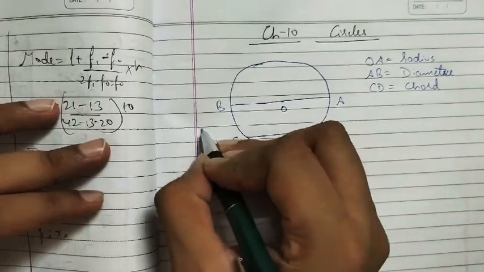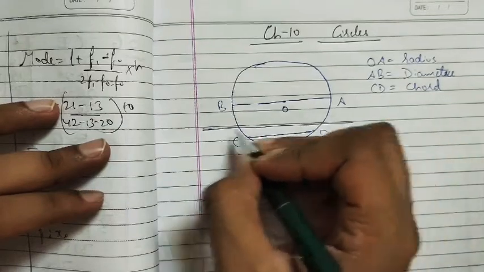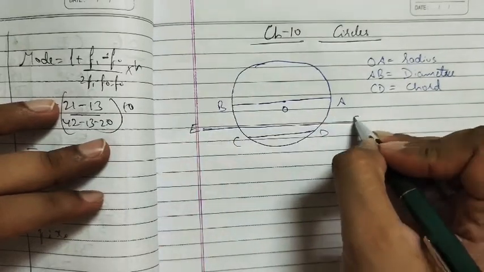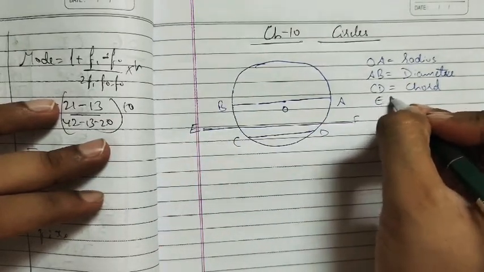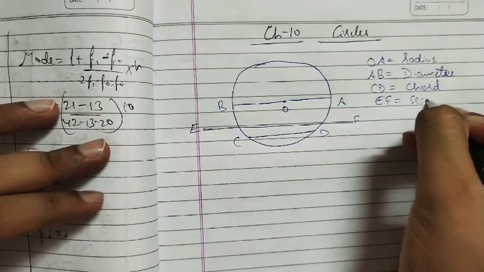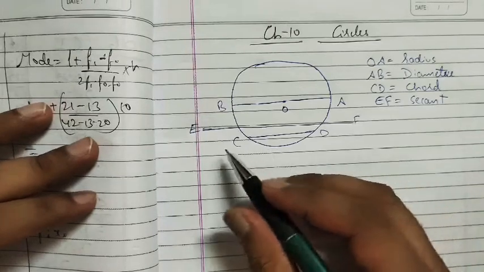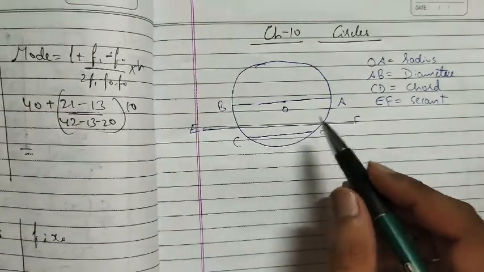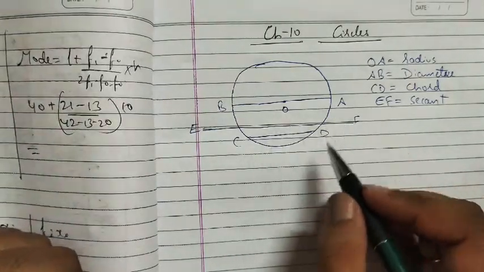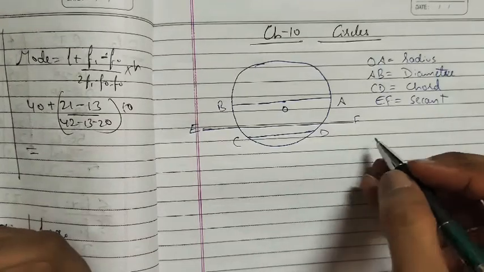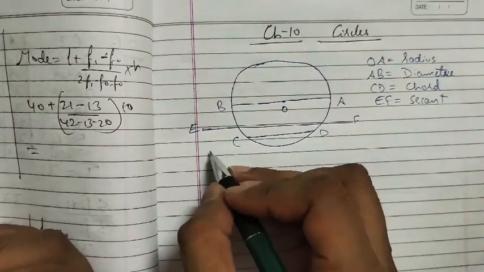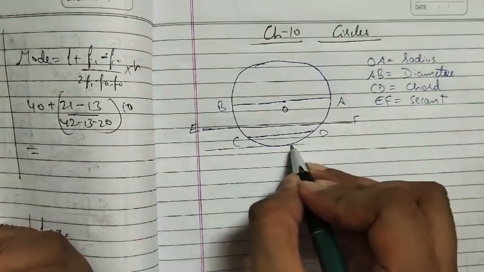And if I take this line EF, so EF is a secant, right? So EF we know, CD we know, AB is the diameter, OA is the radius.